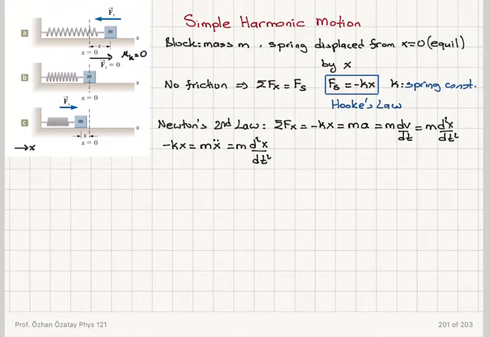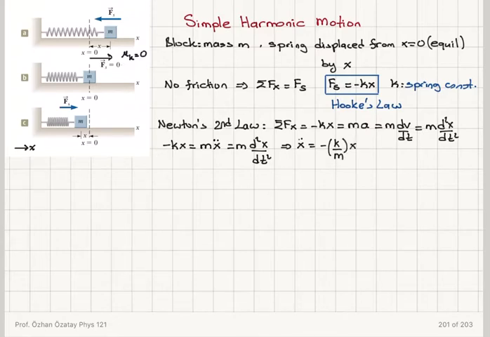So the double dot means it's the second derivative of the position with respect to time. I'm going to call the ratio k over m omega squared.